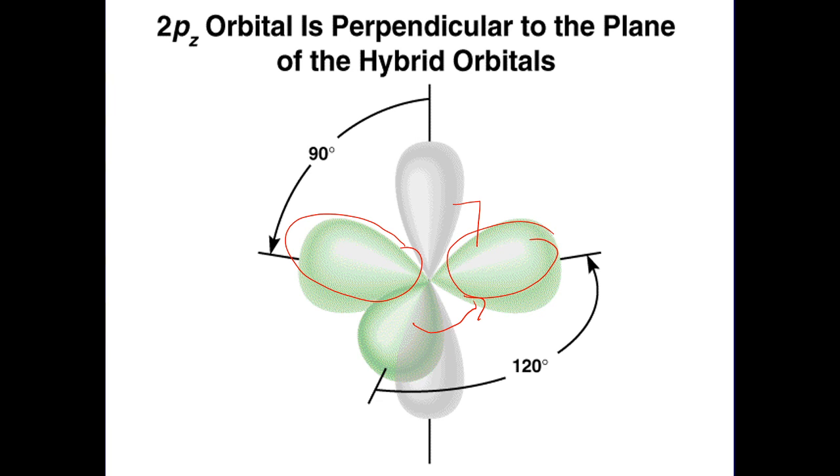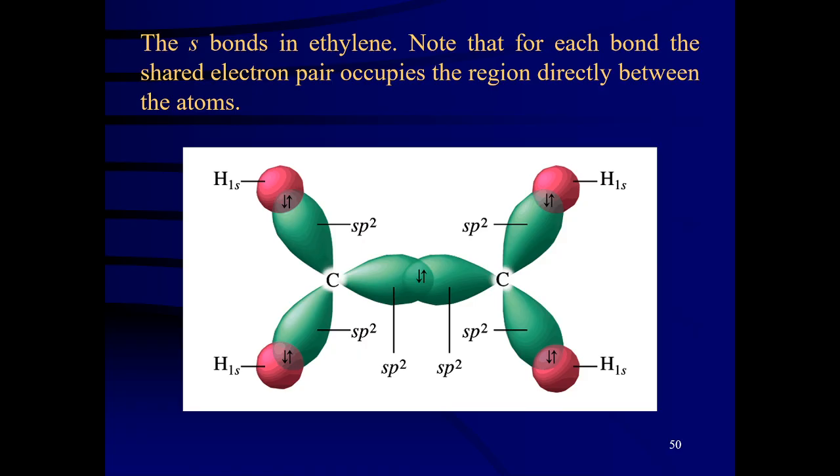So perpendicular means the hybrids will go head to head, making the one that is perpendicular to them go side to side, as it is shown like this. So this is what you get: sp2 everywhere. All the bonds in ethylene are basically sp2 types of bonds.